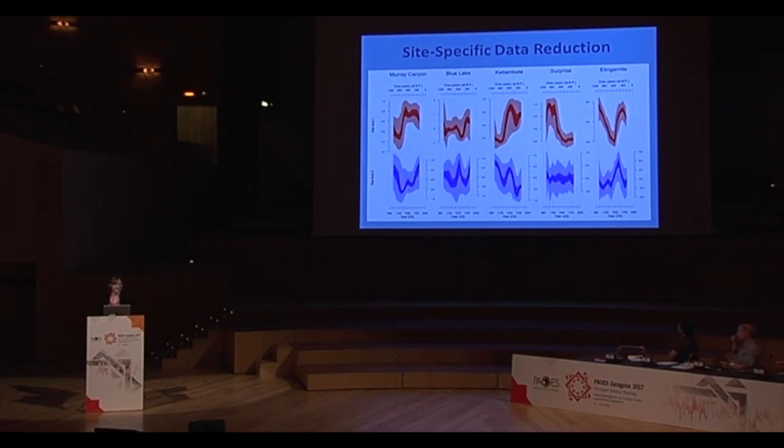In order to do this, we performed data reduction techniques, either principal component analysis or detrended correspondence analysis, depending on the type of data from the individual sites. We performed these data reduction techniques 10,000 times, so not only does it incorporate the age uncertainty, but it also incorporates the uncertainty of the record through time.